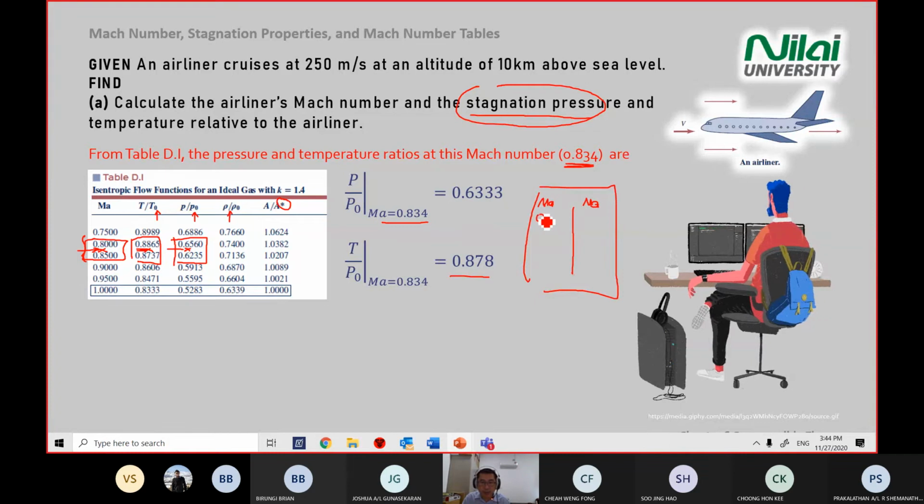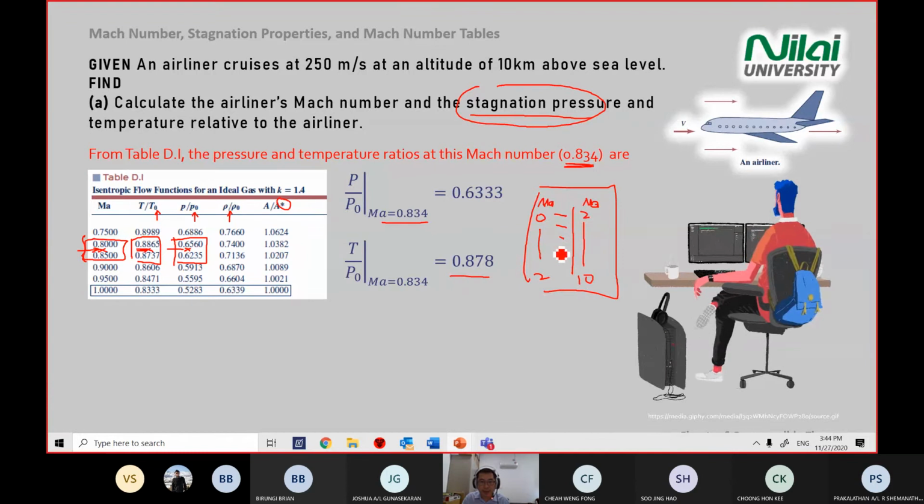On the left, from 0 up to Mach number 2. On the right, it starts from 2 to Mach number 10, and repeats the temperature ratio and so on. So for the complete table, you need to refer to the handout that I gave you. Feel comfortable with table D.1.